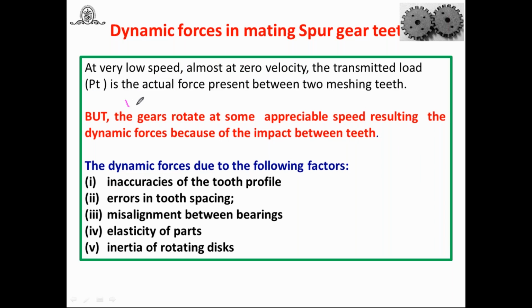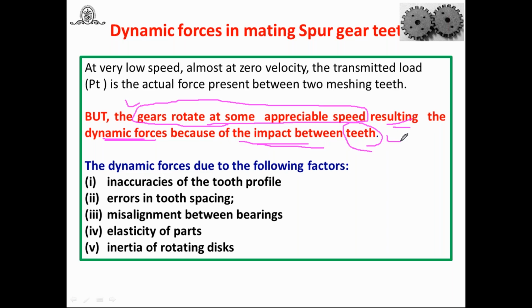But in actual practice, the gear is not rotating at low speed or almost zero velocity. It rotates at some appreciable speed, as you know very well, and because of that it results in dynamic forces. These are dynamic forces because of impact between the meshing gear teeth.